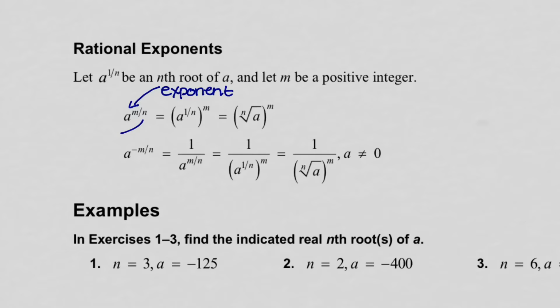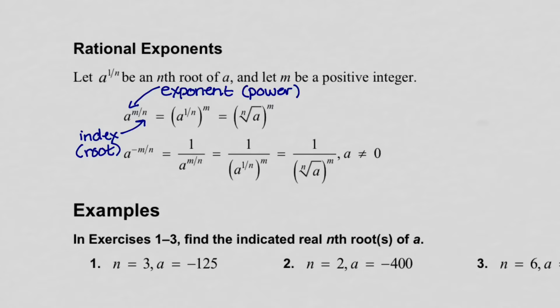And the n in this, that is our index. So those are the correct vocabulary terms, the official language of it. What you'll hear us in class use often is instead of exponent, we'll probably use the word power quite a bit, and instead of index, we'll probably use the word root quite a bit. But they mean the same thing.